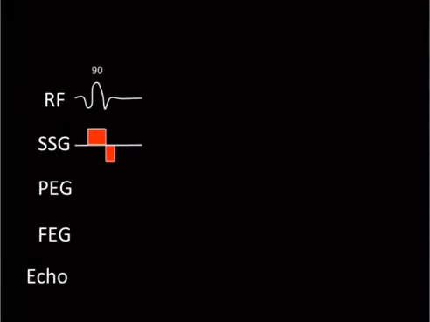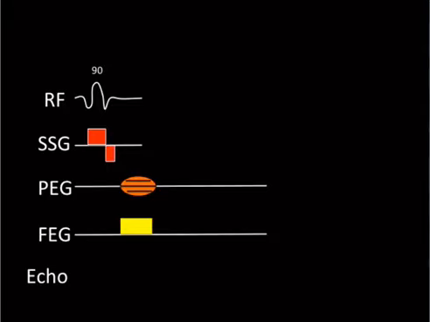So there's our 90-degree pulse, there's our slice selection gradient. Now the next thing that's done is the phase encoding and the frequency encoding gradients. So those are applied next. Next we give a 180-degree refocusing pulse.